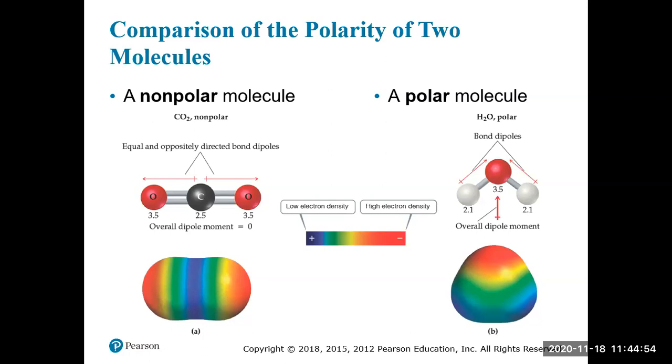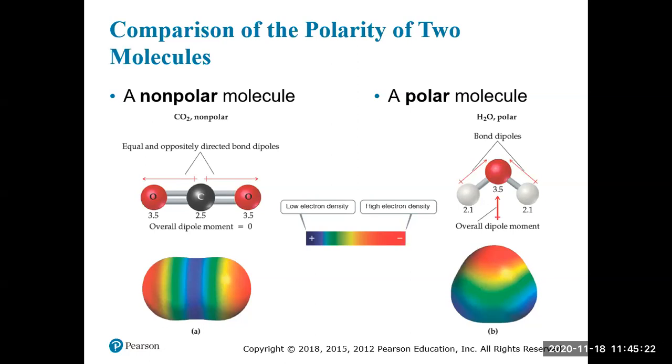And so now when we do our individual dipoles, we have the plus on the hydrogen, the arrow pointing towards the oxygen, because oxygen's more electronegative than hydrogen. So we've got two polar bonds going in that direction, and we see that it becomes an additive effect. So those two are both going towards it.